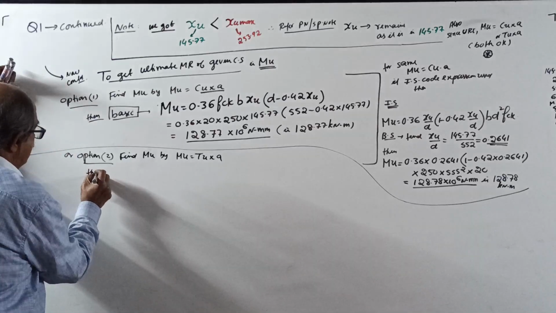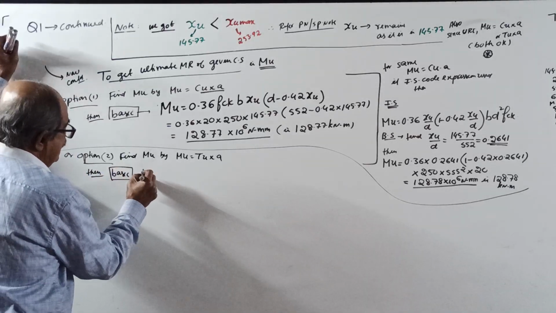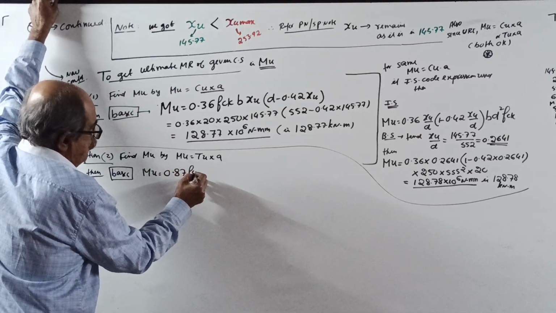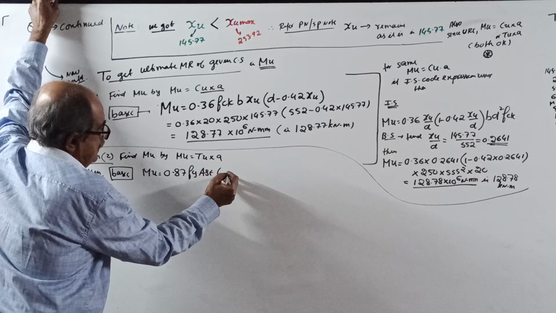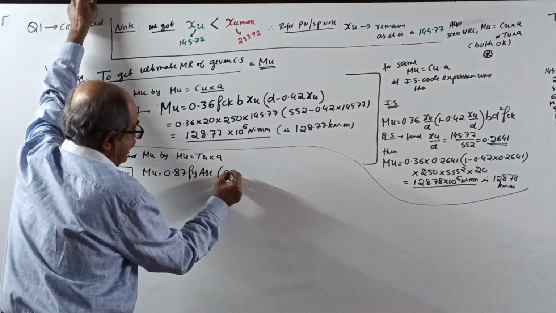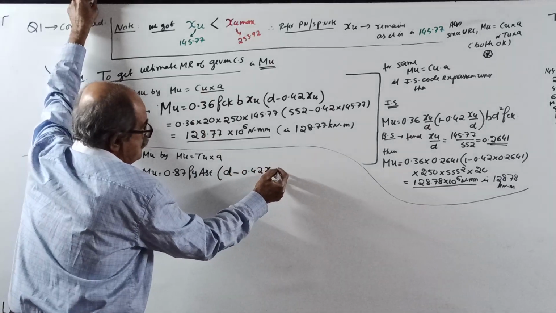Then the basic derived equation is Mu equal to 0.87 fy into Ast into bracket d minus 0.42 Xu.